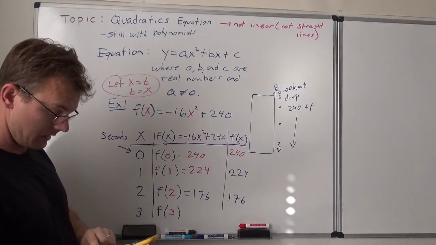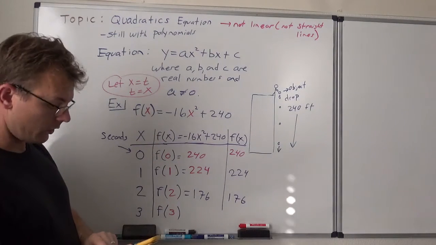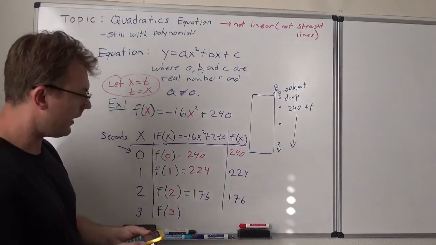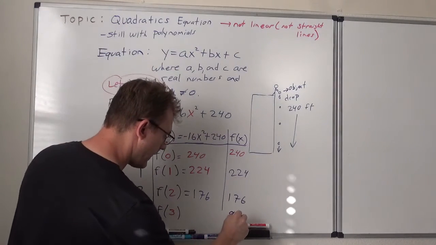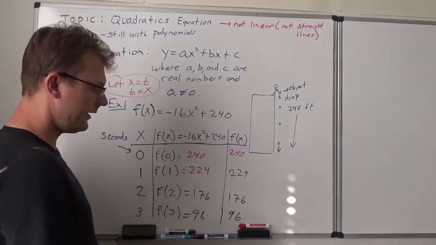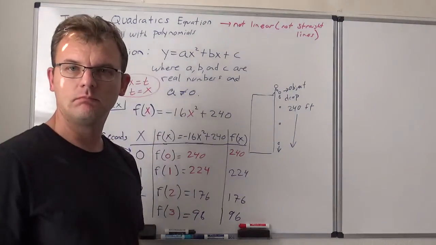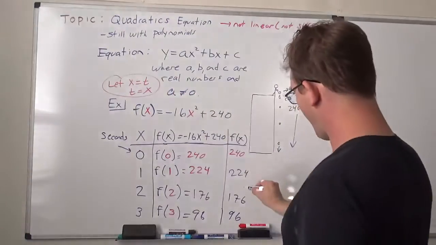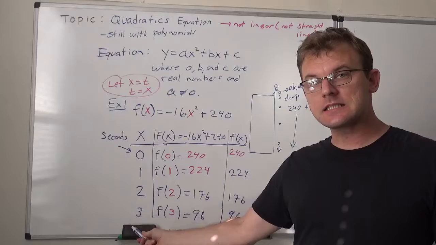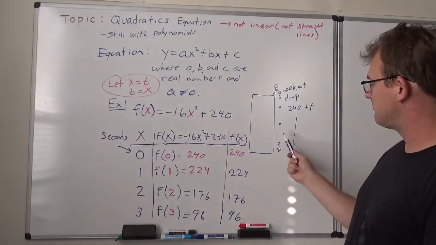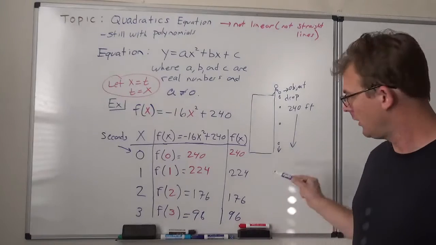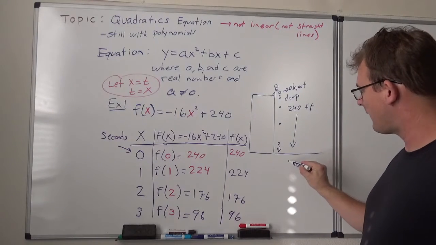Then we're going to make sure we add 240. And we have 96. Do you kind of see what's happening? As the time increases, our distance gets closer and closer to the ground. We're trying to figure out when does it hit the ground.